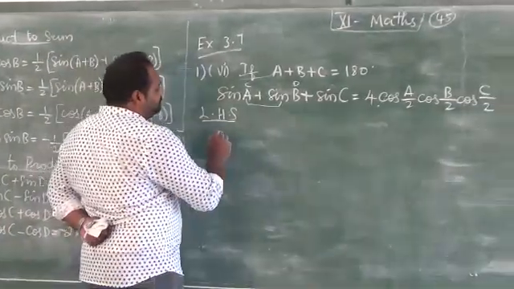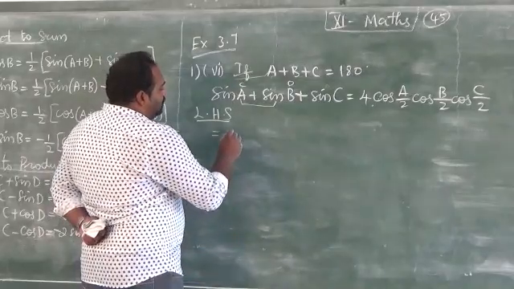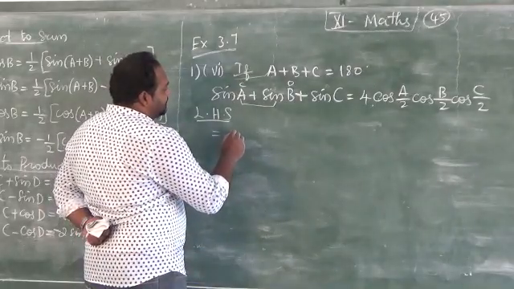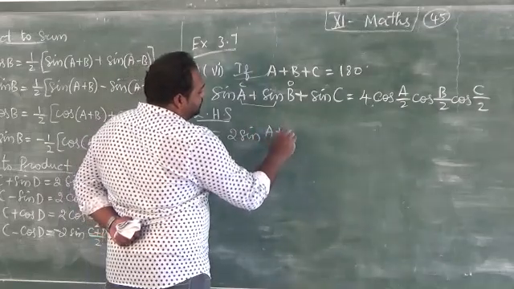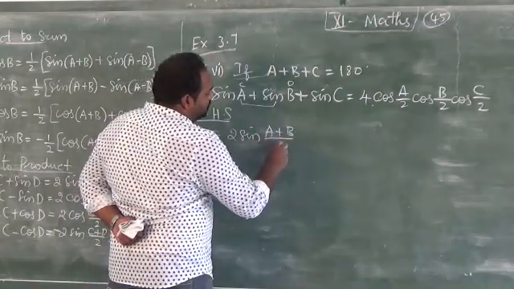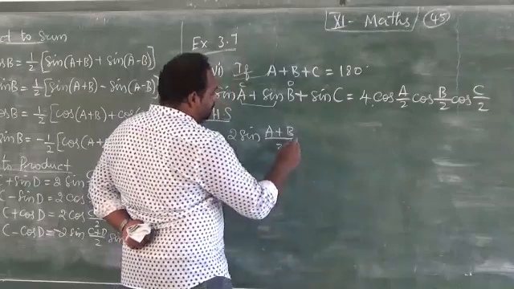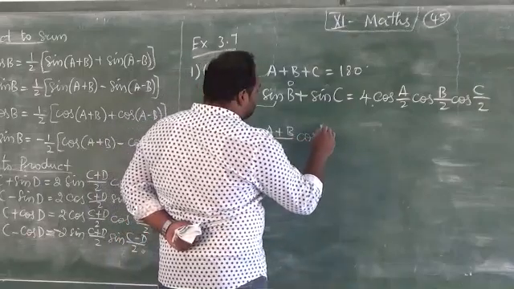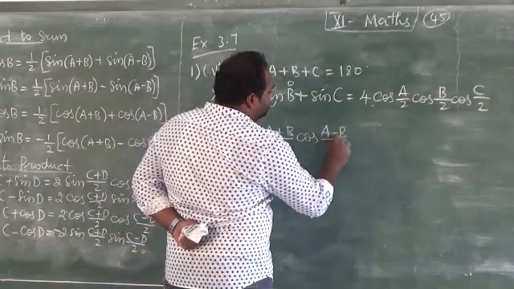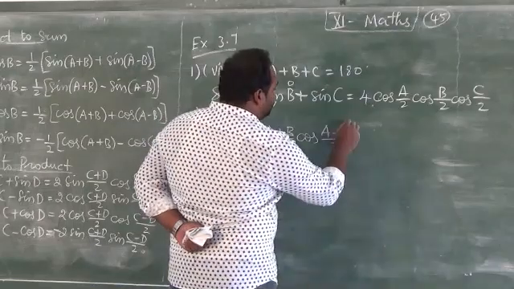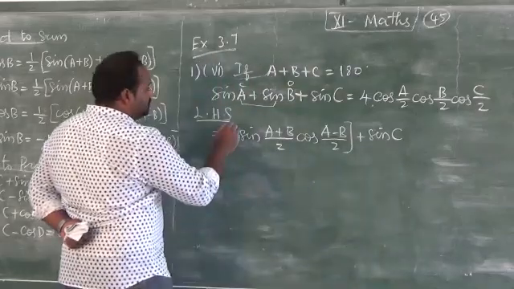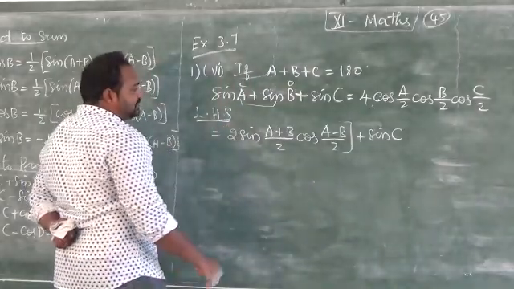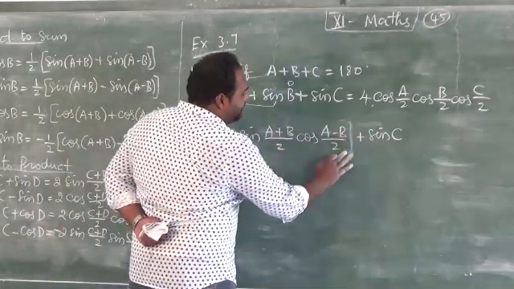So here, using the formula, 2 sin A plus B by 2 cos A minus B by 2 plus sin C keep as it is. Don't do any changes in that, just keep as it is, no need to have bracket here.